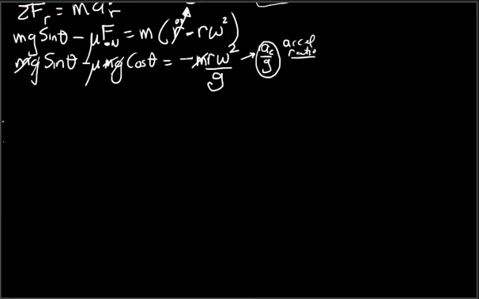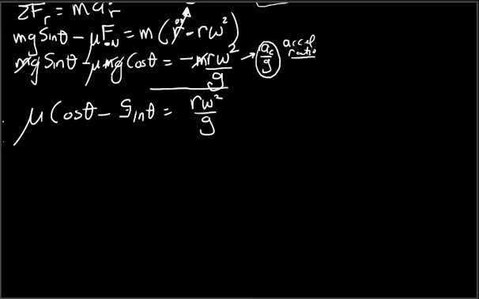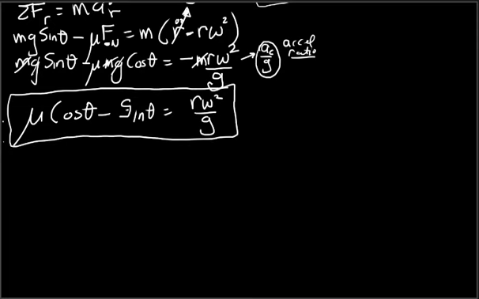Now I'd like to get rid of this negative, so let me run a minus 1 through here, and we'll get mu cos theta minus sine theta is r omega squared over g.